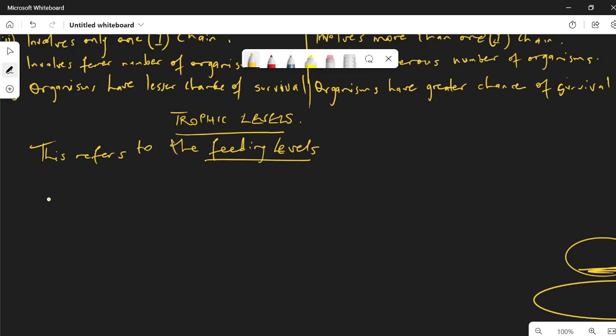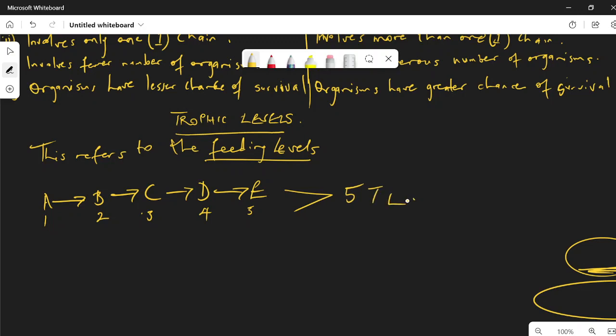So when we have A to B to C to D to E, we have 1, 2, 3, 4, 5. Are we together? So this particular one here is giving us a 5 trophic level food chain.